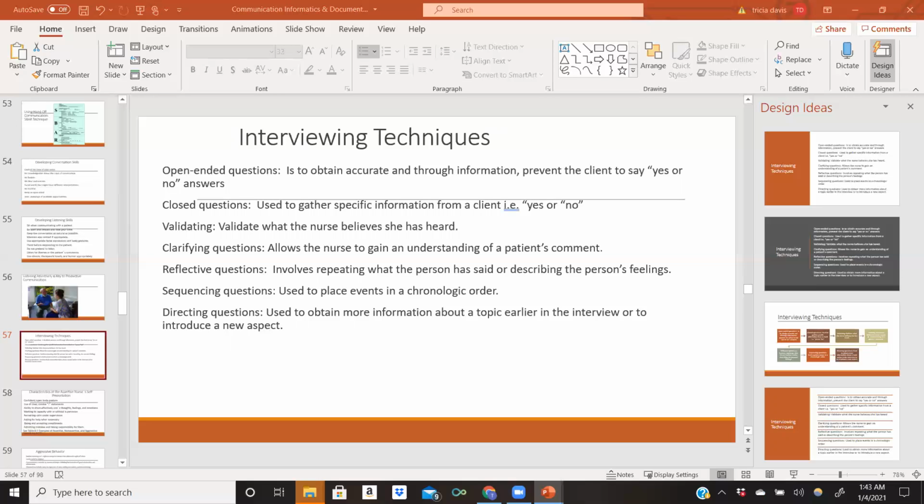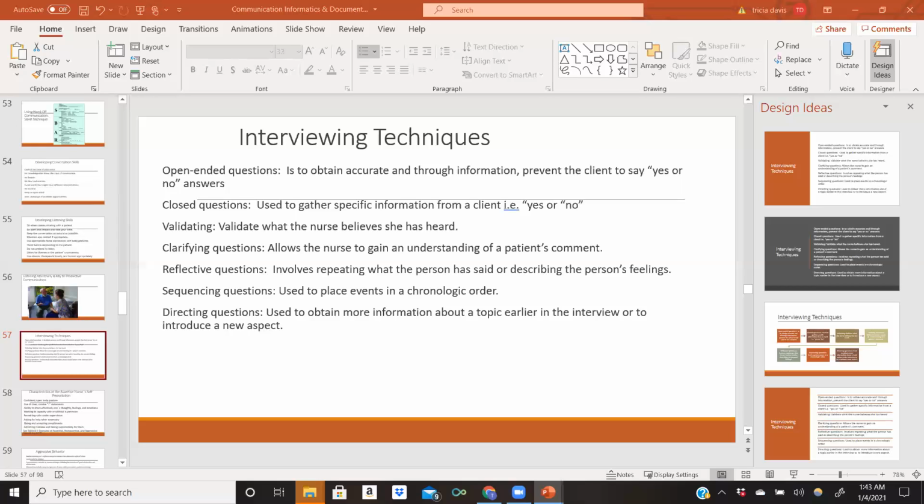So an example of a good open-ended question and a response from the patient would be, the nurse would say, what did your healthcare provider tell you about your need for being hospitalized today? Well, he told me that my blood pressure is dangerously high and that I need to get some special tests done while I'm being hospitalized. So you can see the information that the patient gave you was very detailed based upon that open-ended question.